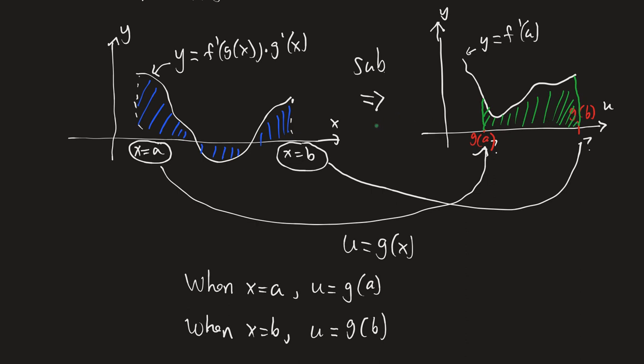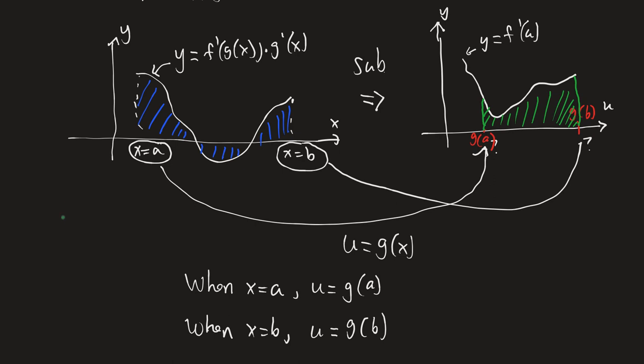So now I kind of have it complete where I see how everything changes, and everything changes based on u equals g of x, right? And that's exactly how we convert our old definite integral in terms of x and convert it to one in terms of u.